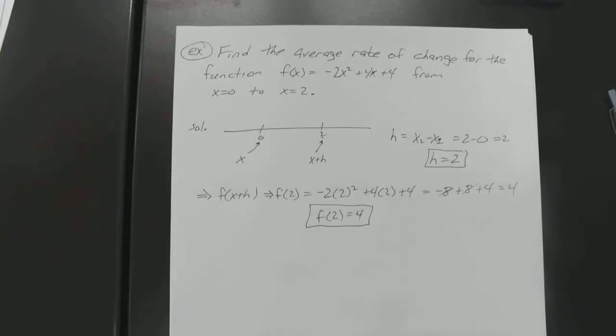And so how you're determining the x versus x plus h is whichever one comes first on the number line? Exactly. So if it was 2 and 4, then 2 would be the x and 4 would be the x plus h, no matter what order they write it in. It's always just from left to right.